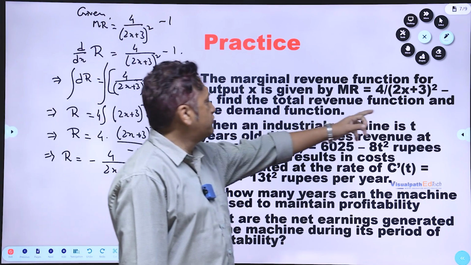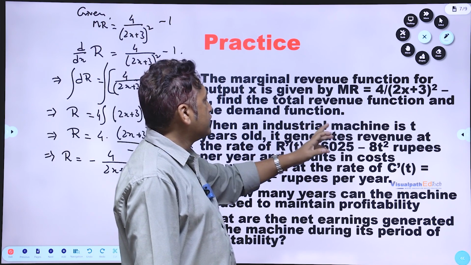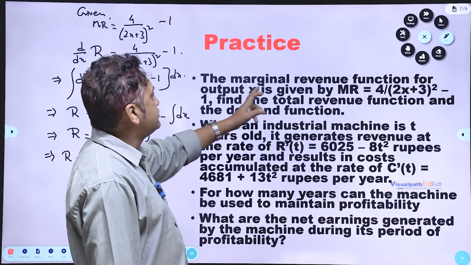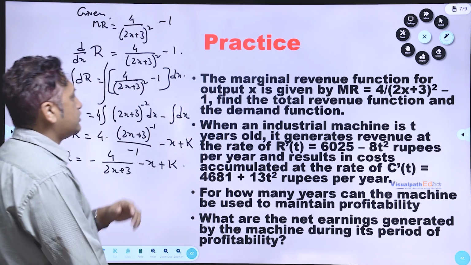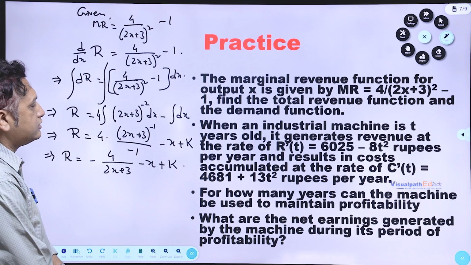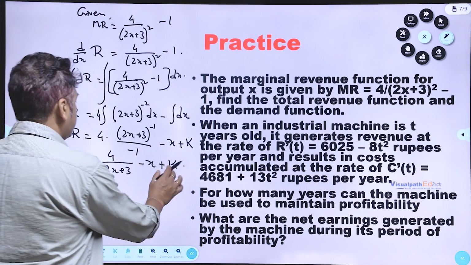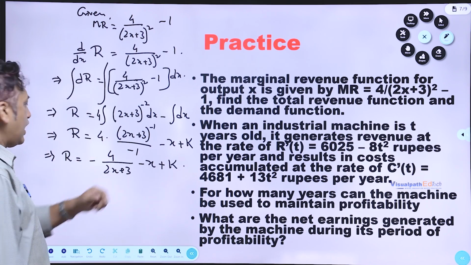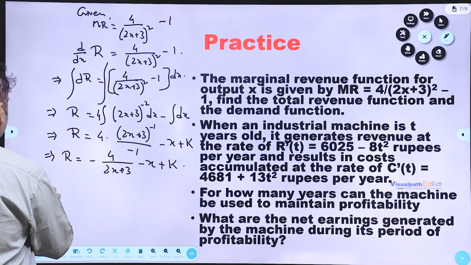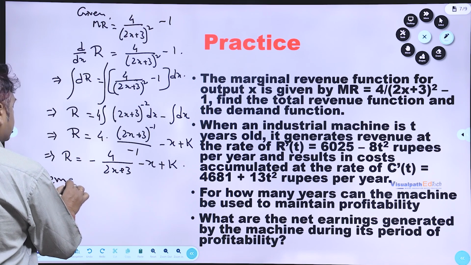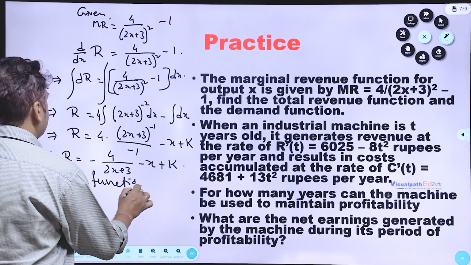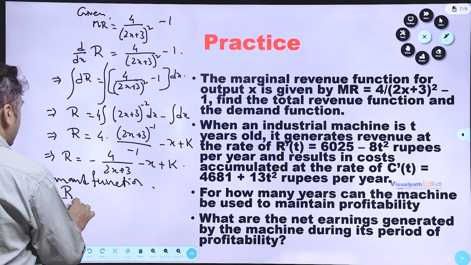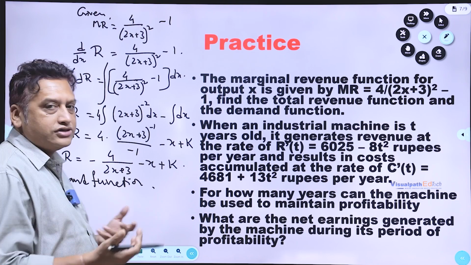Find the total revenue function and the demand function. The marginal revenue function for the output is given. So the revenue function is this, and the demand function will be R by x, or average revenue function.